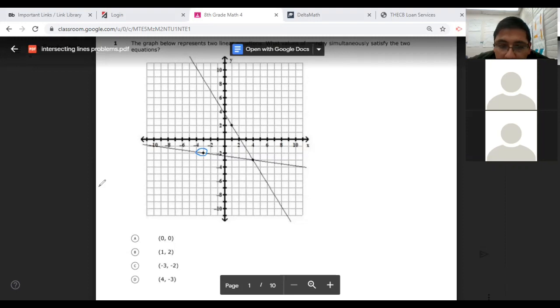Never mind, it's D because it didn't show 4. So 4, -3 right here? Yes. So the answer would be D. We have to make sure we're looking at the point where they're intersecting. Just make sure to be careful where that is, right?